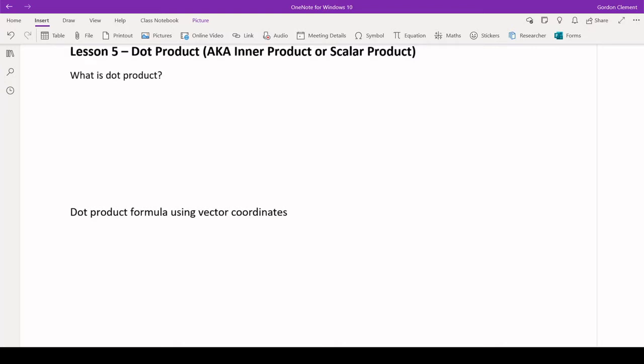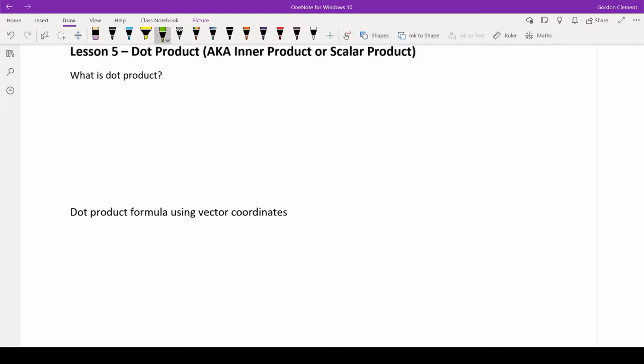To answer the question of what the dot product is, I'm going to start with what it's not. In this lesson and the next lesson, we're going to learn two things that both have the word product in their name.